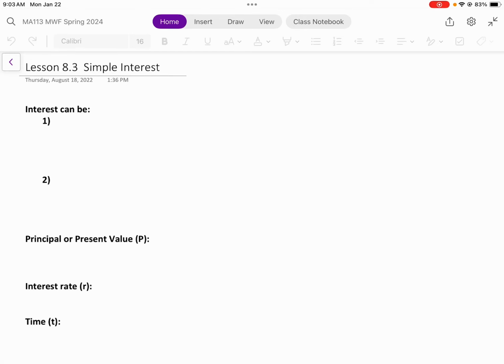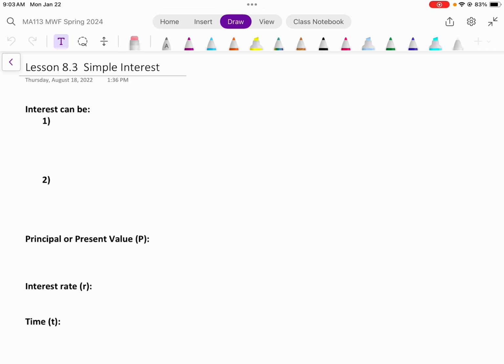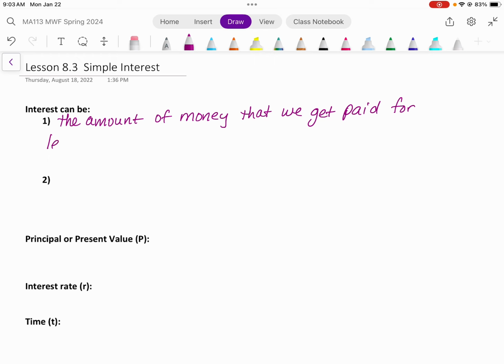In this lesson, you're going to be looking at simple interest. First, we're going to define what interest is. Interest can be either the amount of money that we get paid for lending or investing money.